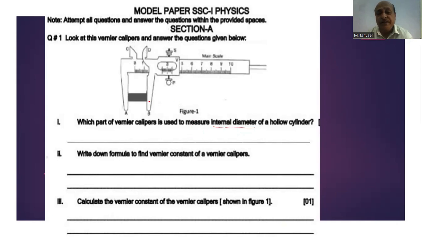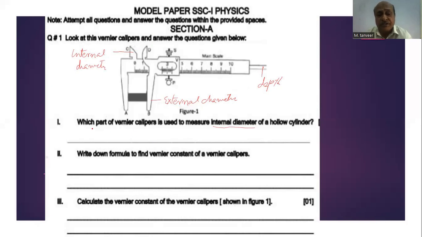These jaws are used to measure the external diameter. This strip is used to measure the depth of any hollow thing. And these jaws are used to measure the internal diameter.